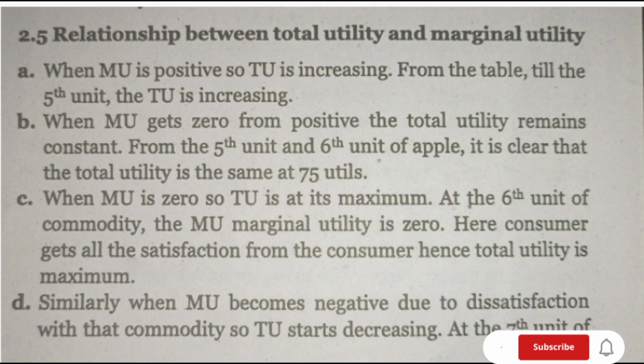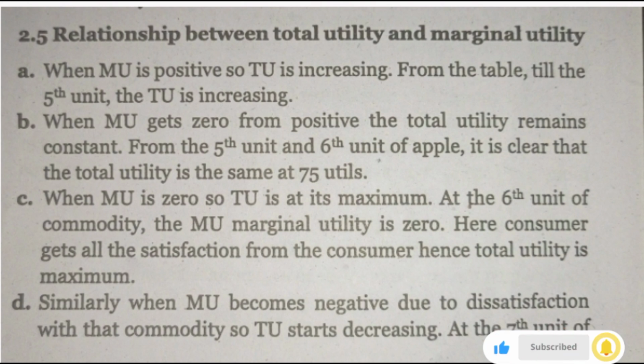And when the marginal utility is 0, the total utility is maximum at the point of 6 units. Where the total utility is maximum, that is called the point of satiety or the point of maximum satisfaction. It means that the consumer has got maximum satisfaction and he is fully satisfied.